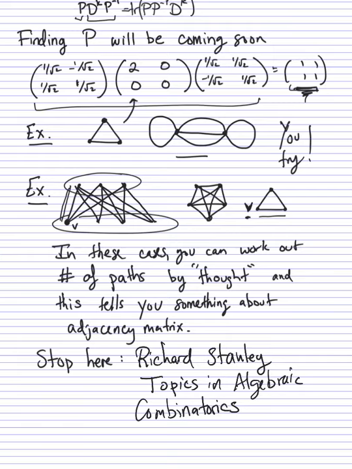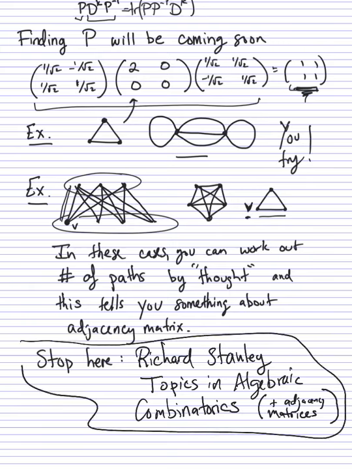I'm not exactly sure what section it is, but if you search for this plus adjacency matrices, I think you'll probably find it. This is from a course at MIT. There's a whole bunch of material here, and he's one of the best people to read it from. So, I will stop here and have a good one.